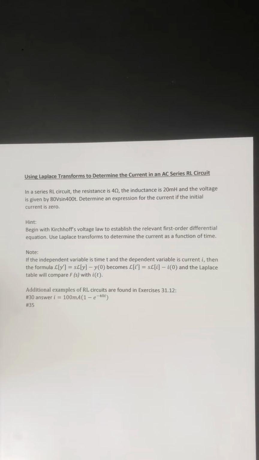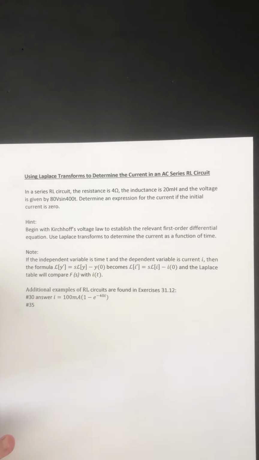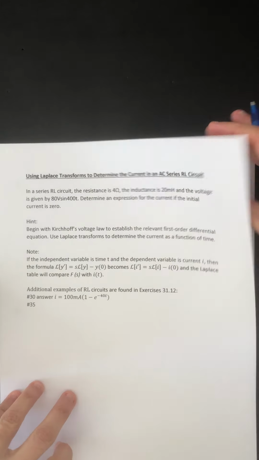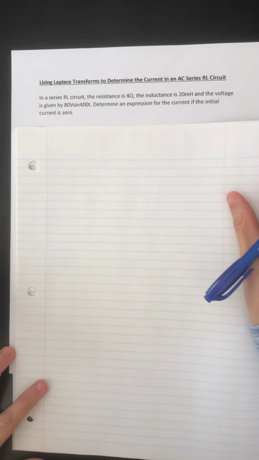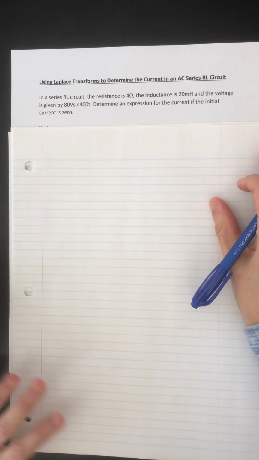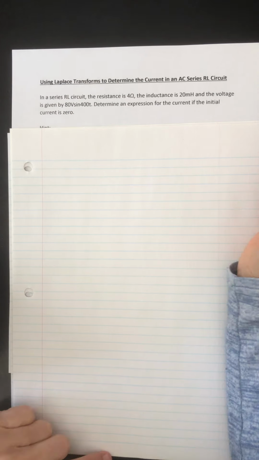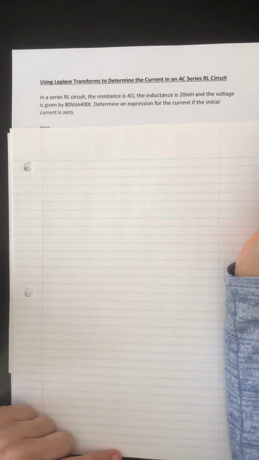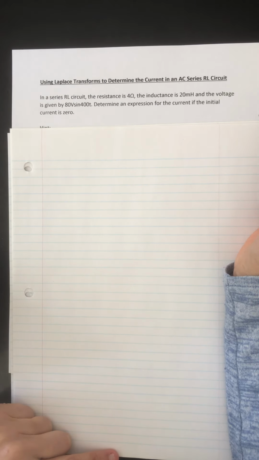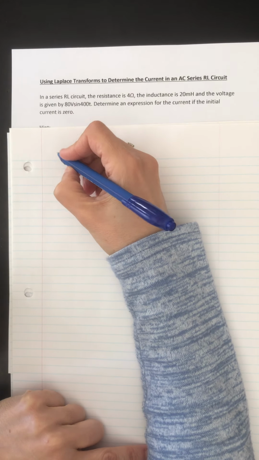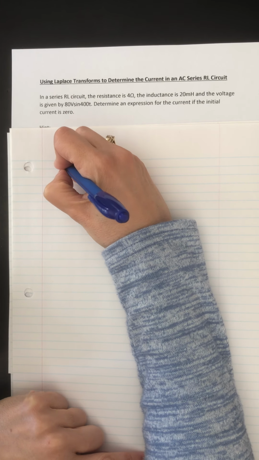Okay, so our very first step then is to start with Kirchhoff's Law. And this will be something that you remember from our previous unit. We have a resistor and an inductor in series with the source. So Kirchhoff's law would look like this.